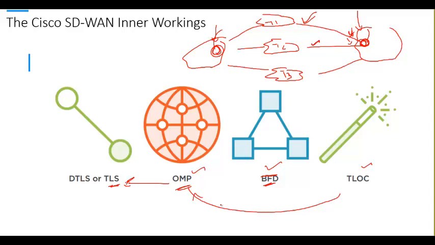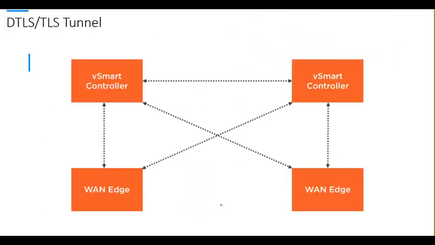And then the vSmart controller understands the topology, exchanges the T-log topology, and builds the SD-WAN fabric. So the SD-WAN fabric may be a full mesh.